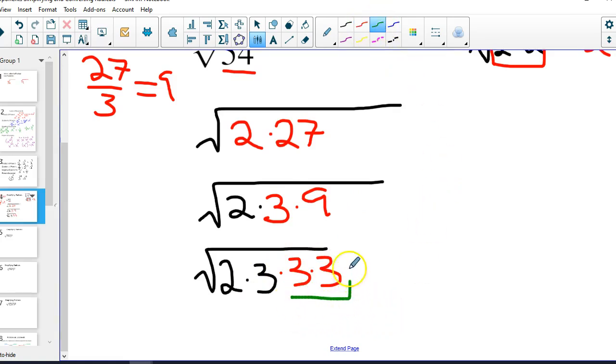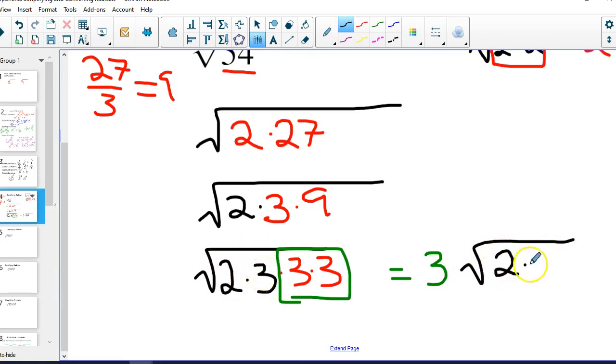Well, I have a pair of 3s, so we can take that out of our radical. So my 3 comes out of the radical, and then my 2 and my 3 don't have a pair, so they're going to stay inside. So 2 times 3 is left inside.